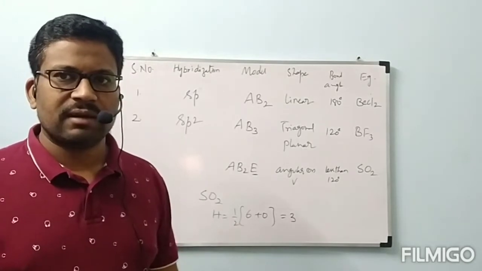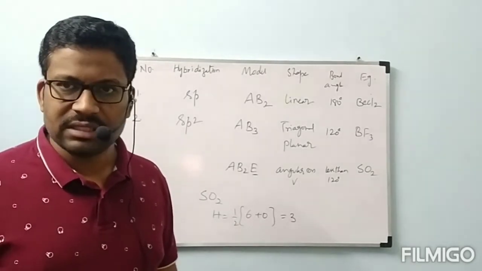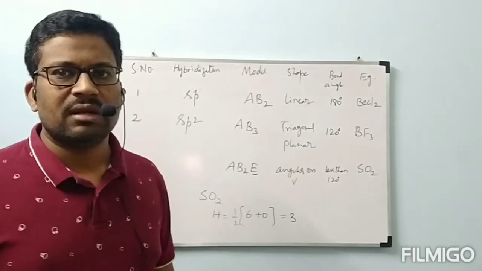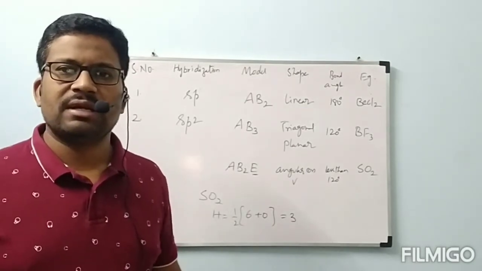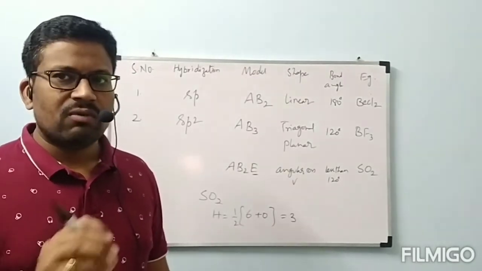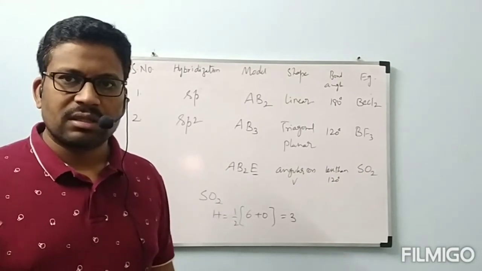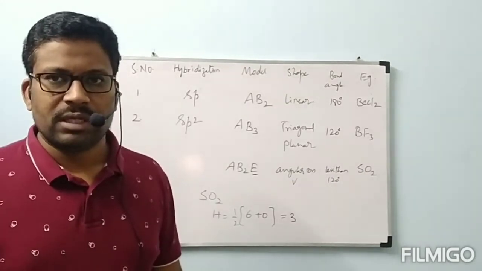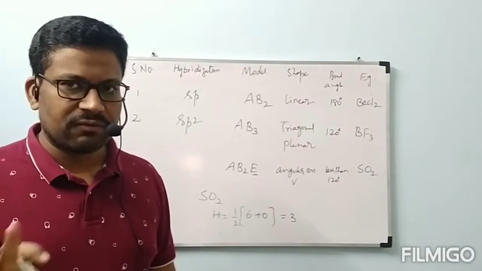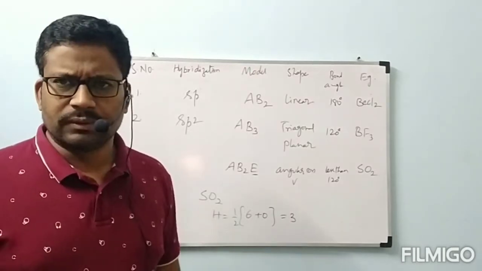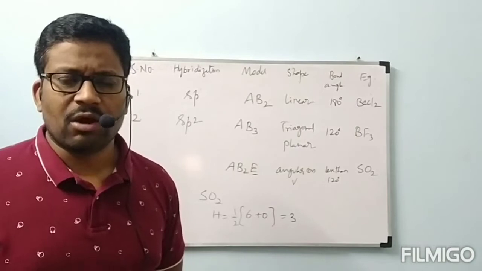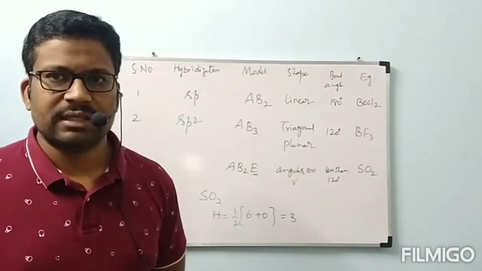If you find the model correctly using the H value, you can easily represent the structure. Otherwise it is very difficult, because no one is going to represent lone pairs in the given formula. By seeing the formula, we cannot understand how many lone pairs are present.